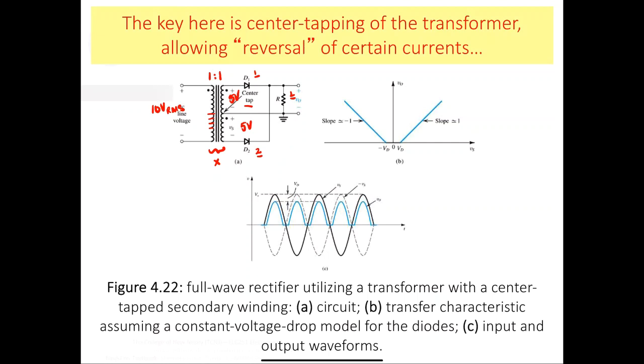Clipping in the center divides the voltage by 2. So what we end up with is 2 voltage sources that look like that.